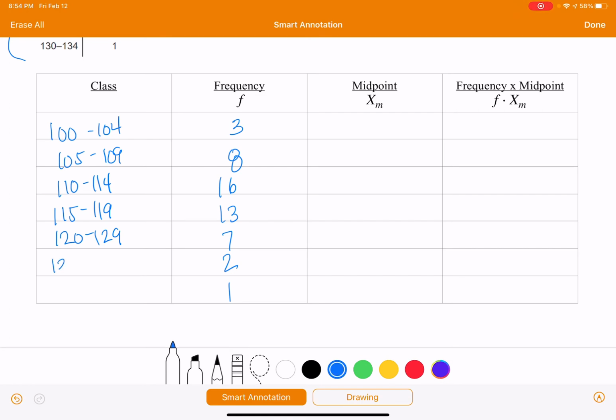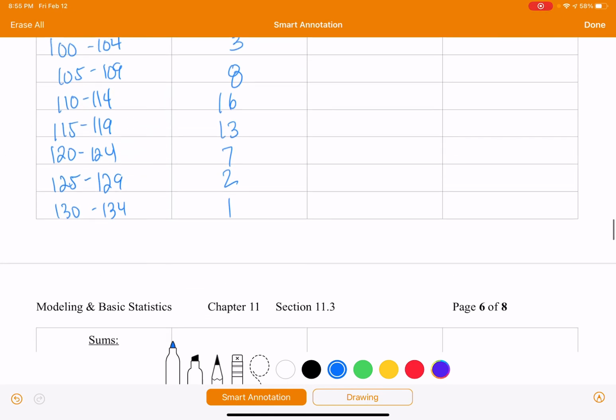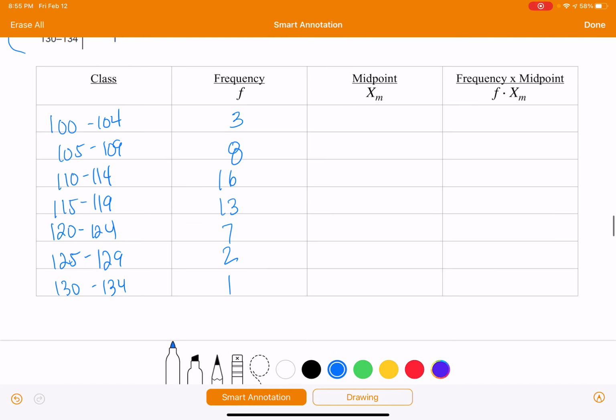All right, 130 to, well, I'm doing it again. Skipping it again. So 120 to 124, 125 to 129, and 130 to 134. There's the sums. I'll put sums there because I know I should have a sums box. Okay, now we're back on track.